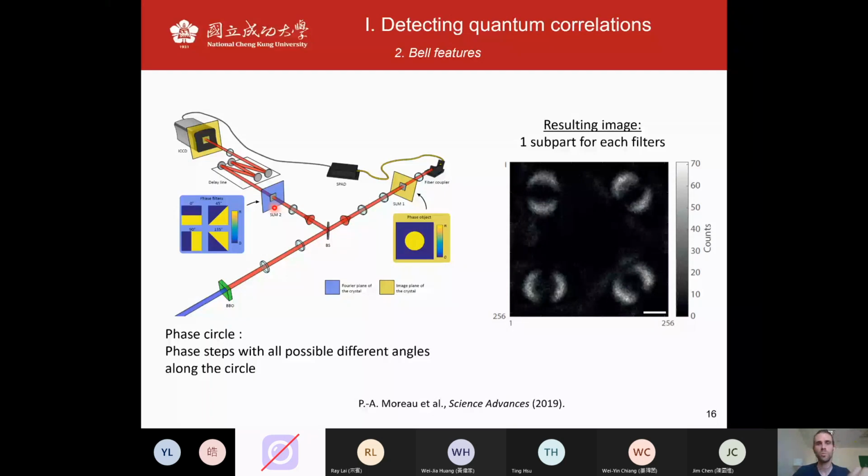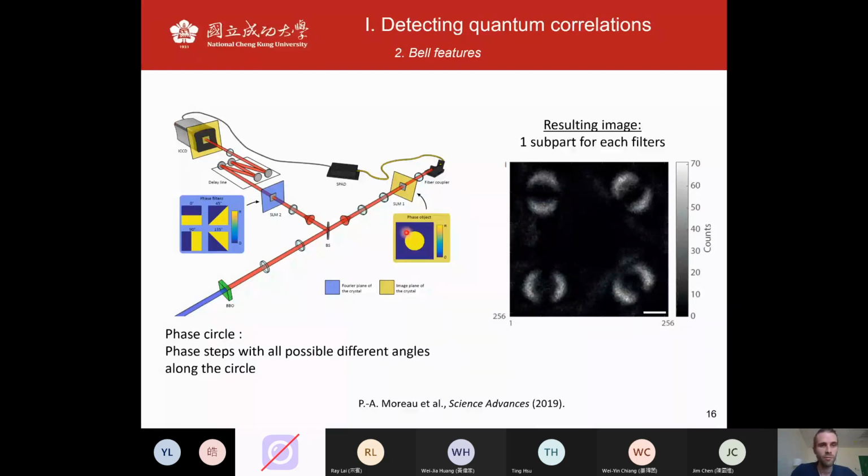So we can decide with the computer the kind of phase filter that we impose onto these SLMs. Then we detect the photons on one side with the camera, and on the other side we trigger this camera conditionally on the detection of a photon after this phase filter.